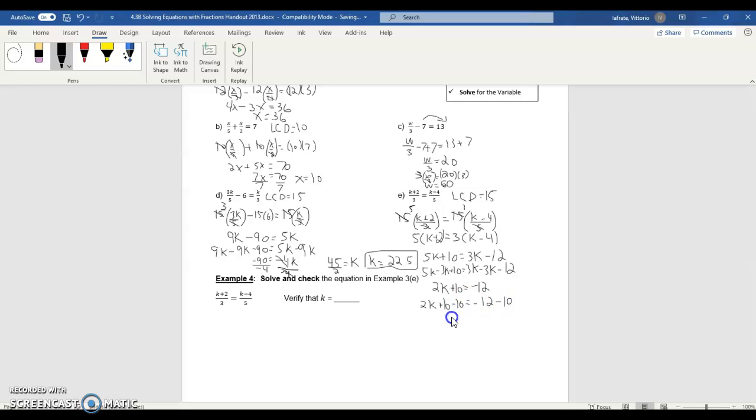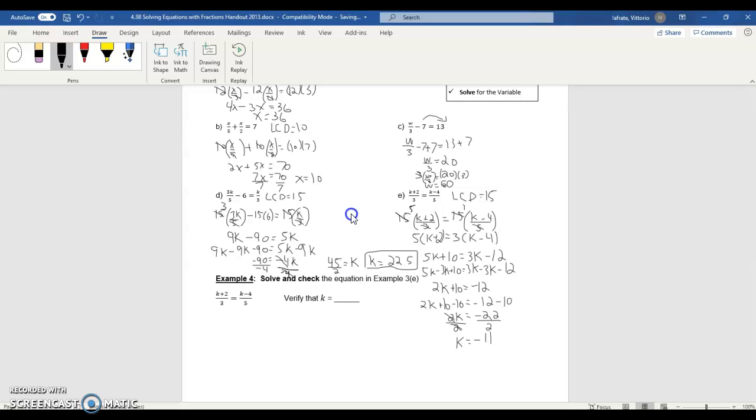And that gives us 2k, because 10 minus 10 is 0, is equal to minus 12 minus 10, which is minus 22. And then we can do the inverse operation of a multiplication, which is a division. So divide by 2, divide by 2. 2 cancels out because 2 over 2 is 1. So we get k is equal to negative 11, just like that.